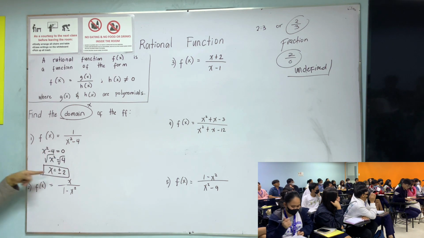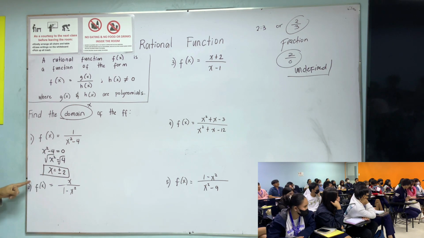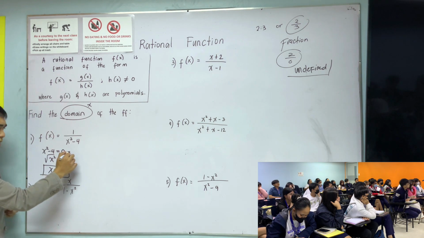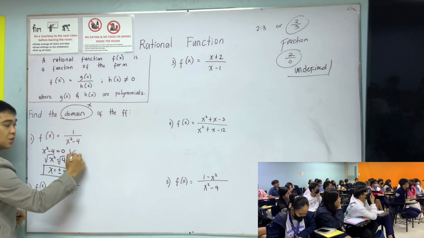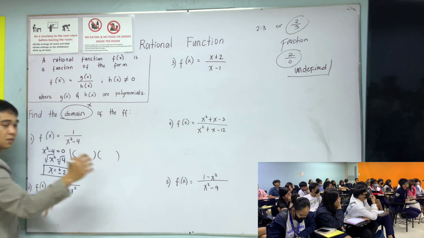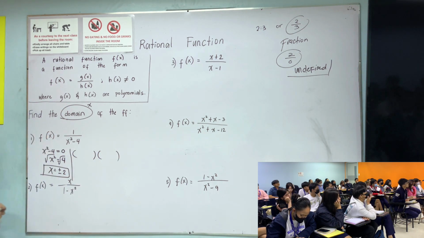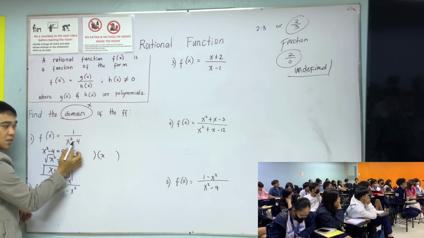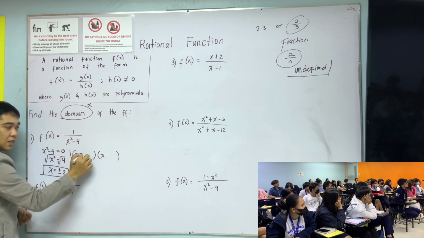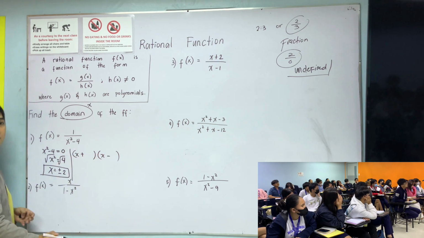Gets? Sir, nakalimutan ko na mag-extracting the square root. Another way is by factoring. O, factor natin yan. Yung dalawang parentheses. Now, ito, factors niya x and x. Since this is negative, isang plus, isang minus.